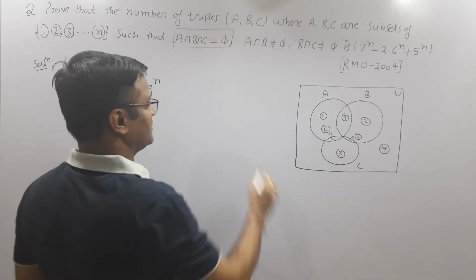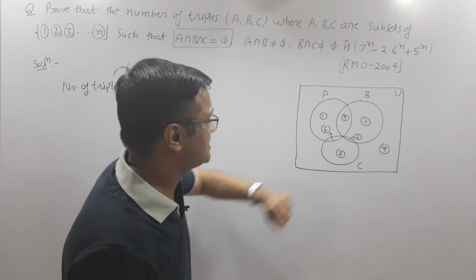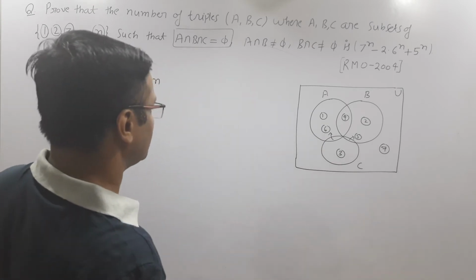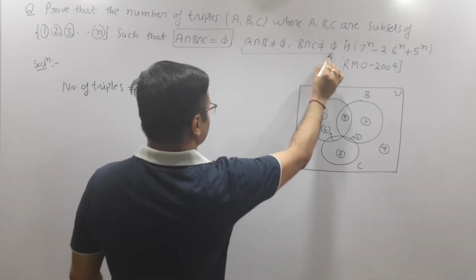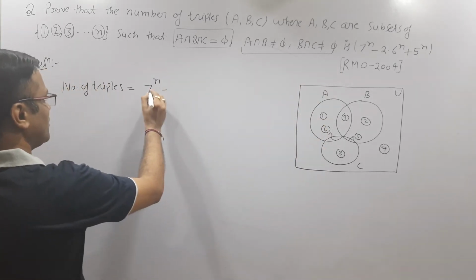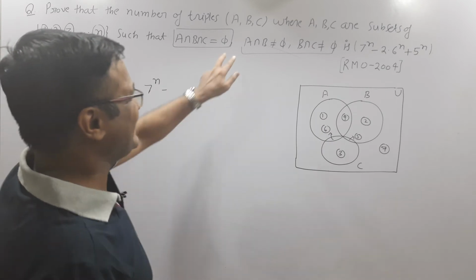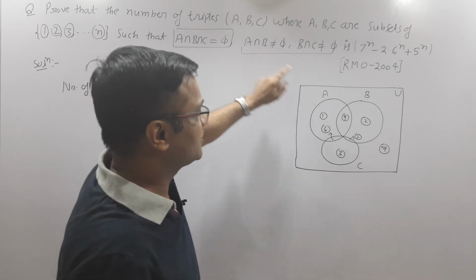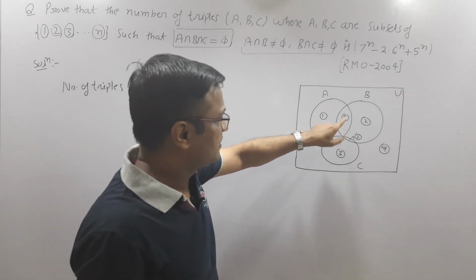Because we have counted the total number of regions as 7, but now we have to subtract those triples where these two conditions are not satisfied. Now we have to find the number of triples when A intersection B is empty. When A intersection B is empty, that is the fourth region is empty.